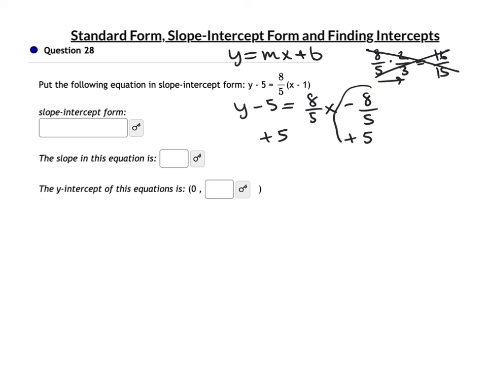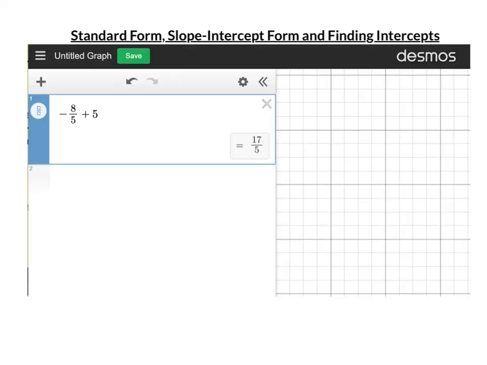You're going to want to go to Desmos right here. Plug that in Desmos. Go to desmos.com, enter the fractions that you're adding. That was negative 8/5 plus 5. It's going to give you a decimal. Sometimes a decimal is okay if it terminates and comes out nice.